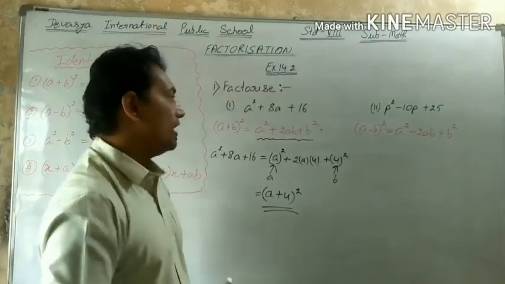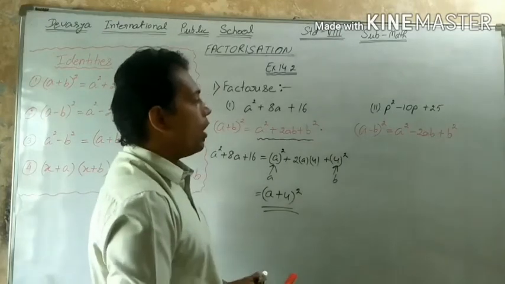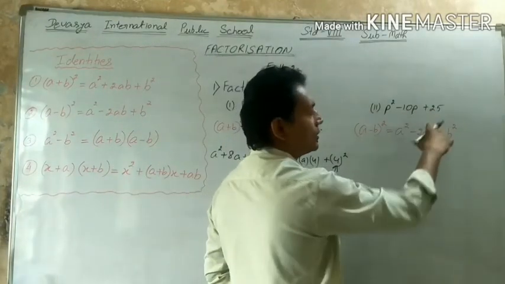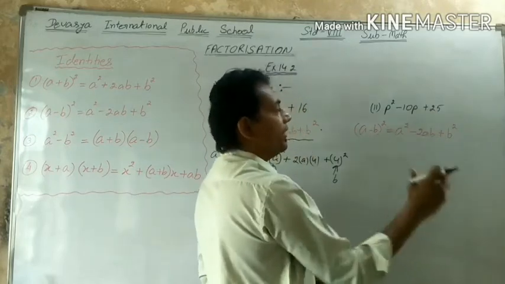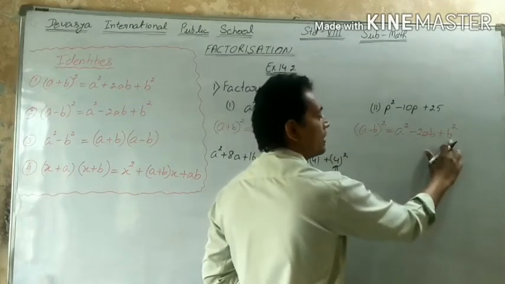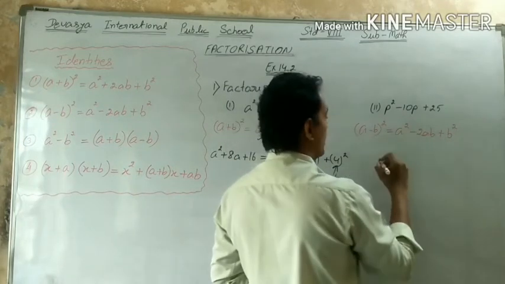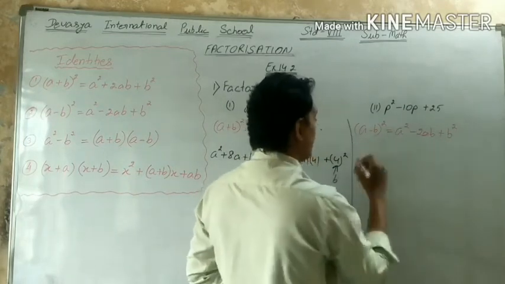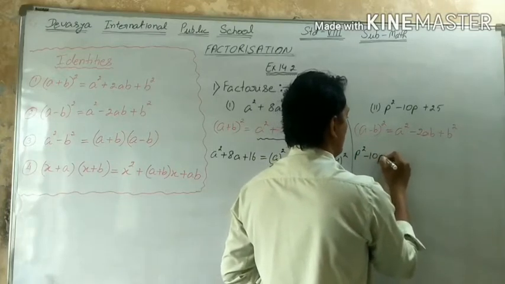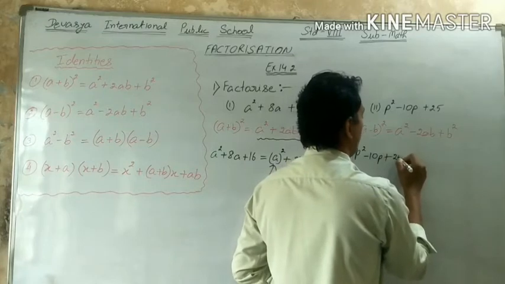We already identified which formula we need to use, and now we need to convert this expression into such a form that it fits into the right hand side of our identity. This is the right hand side of the identity. So let's once again write this expression: p square minus 10p plus 25.